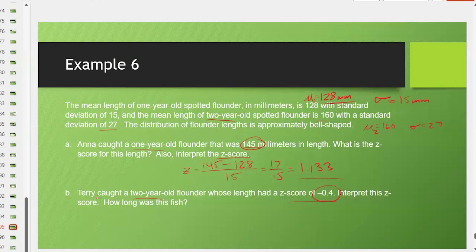So what we're going to do is take the mean. The mean for a 2-year-old flounder was 160. And then we're going to take our z-score and multiply it times the standard deviation, in this case, 0.4 times 27 for a 2-year-old flounder.